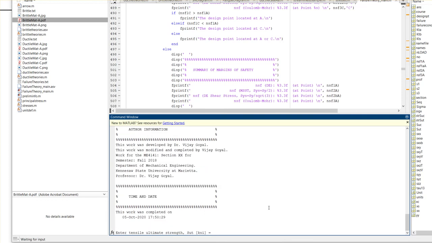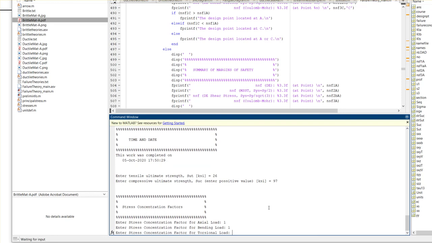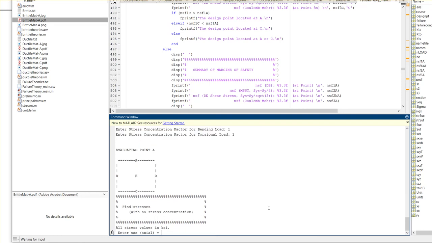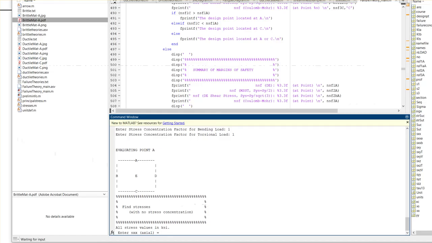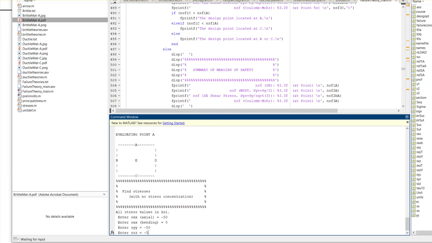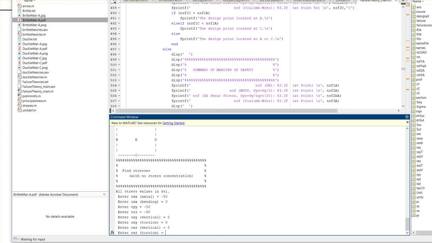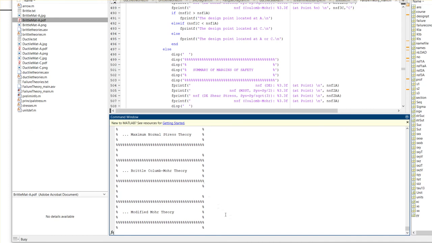We're working with brittle, 26, 97. This is 1, this is 1, this is 1. And this is all the cases minus 50, minus 50, minus 50, and everything else is 0.